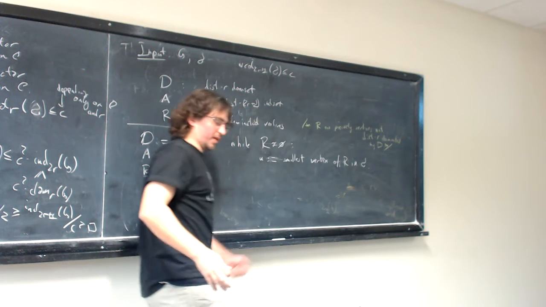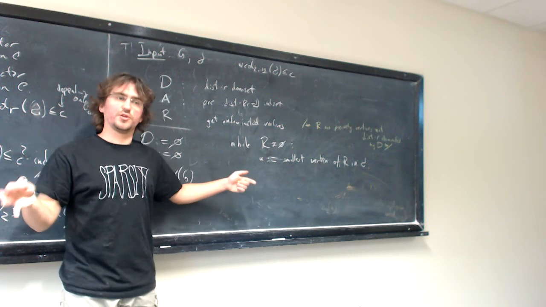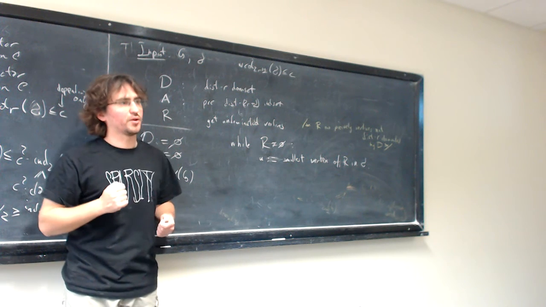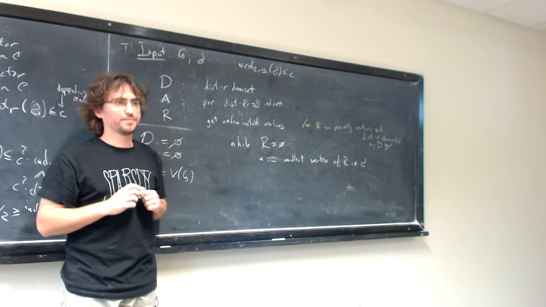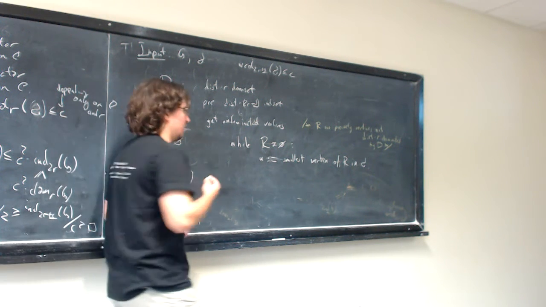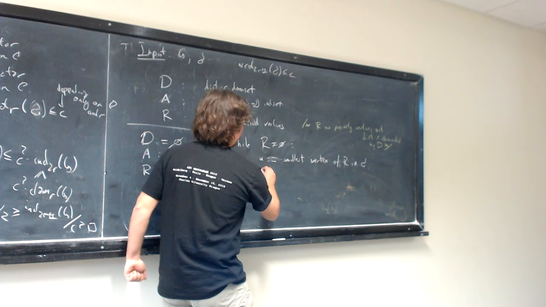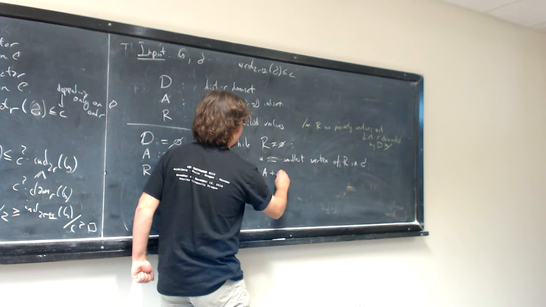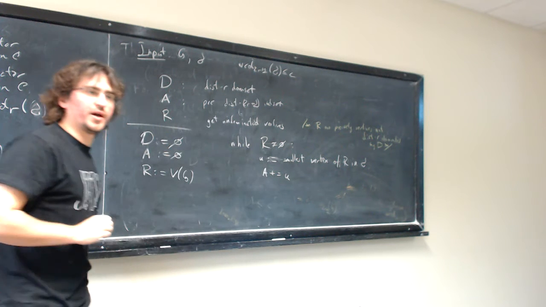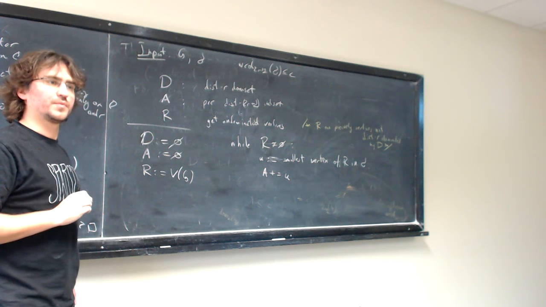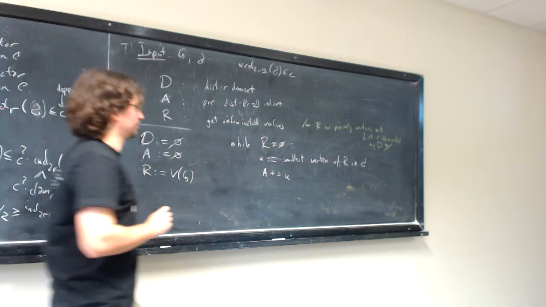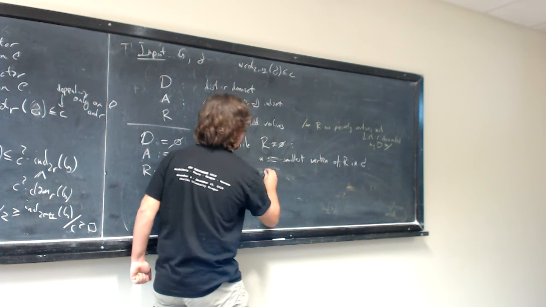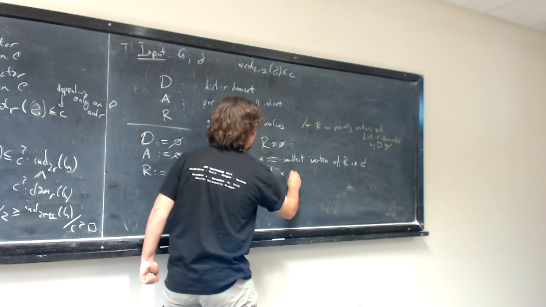So I look at R, these are vertices that are not yet dominated. I take the smallest one in the ordering sigma. What I do, I add it to A. Add u to A.